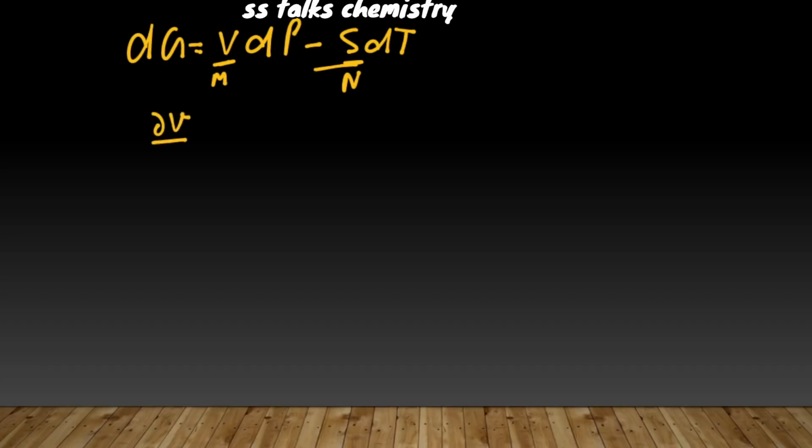Now dG is equal to V dP minus S dT. Now instead of M you are having this V value, and this is the N value, which is the entropy with the minus sign. So that means del V by del T at constant pressure. So this is M dx minus N dy. This is what this expression is given.